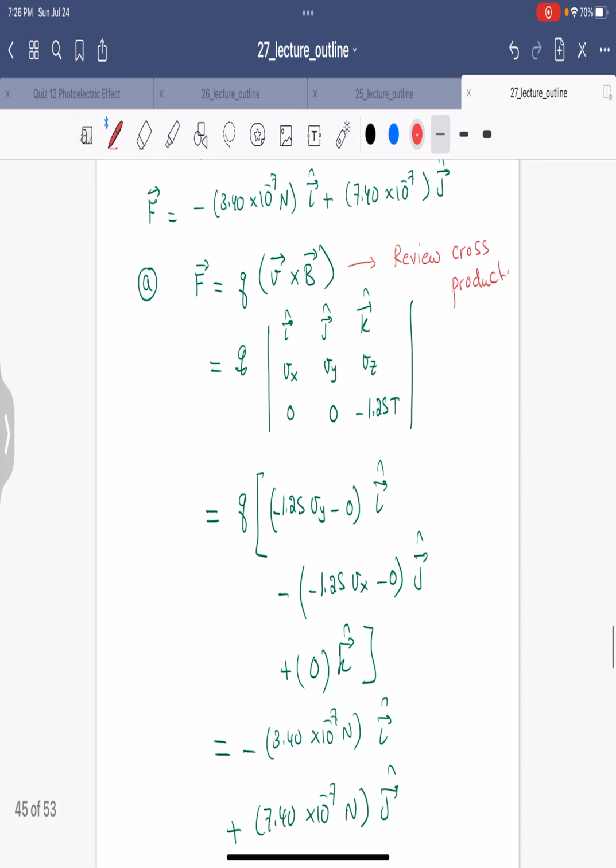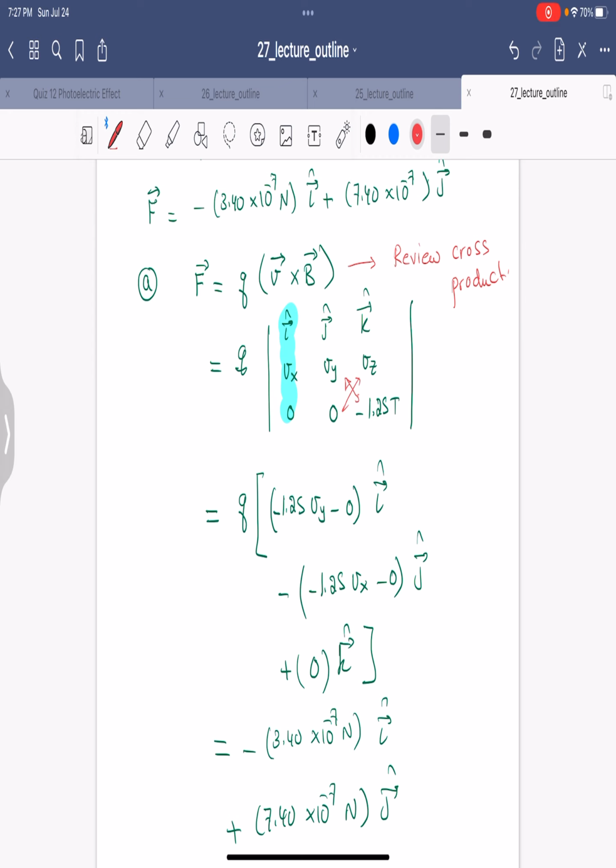Now, let me highlight this one. I'm gonna multiply this one times this one minus this one times this one.